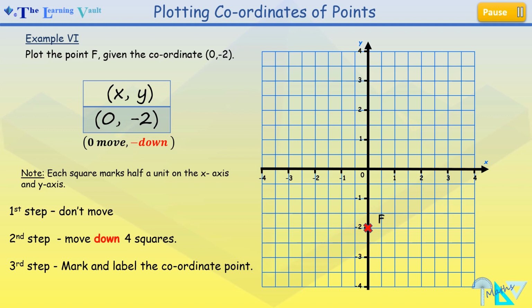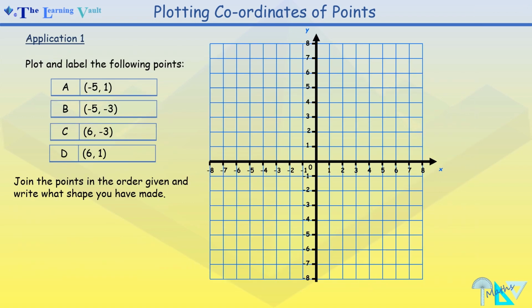We have now covered plotting coordinates in 4 quadrants and viewing the x and y values when they are 0. Let's look at 2 applications. Application 1. You can pause and have a go. First point is A, which is -5 and 1.